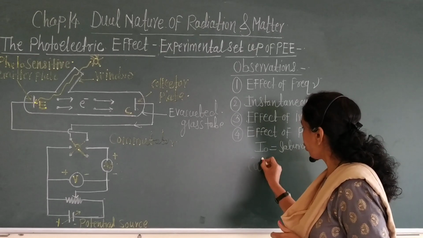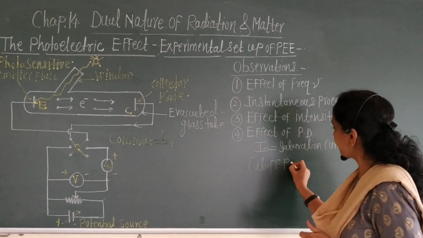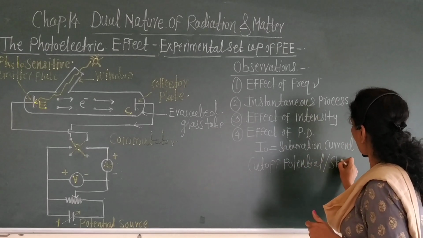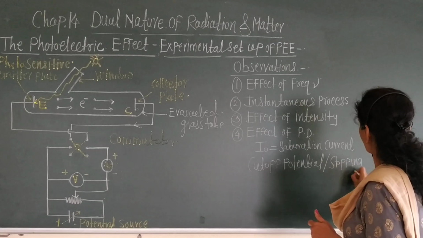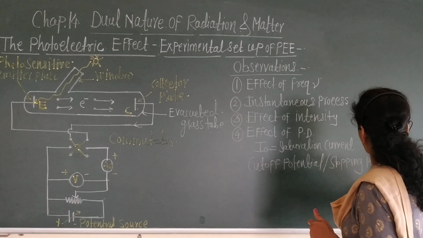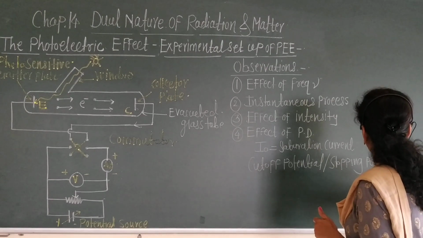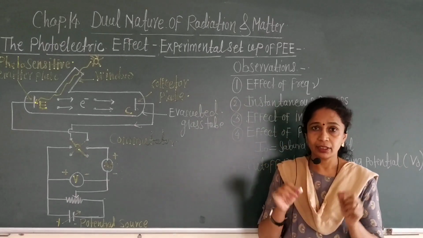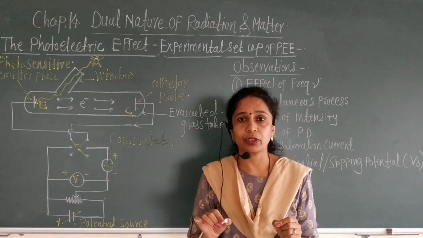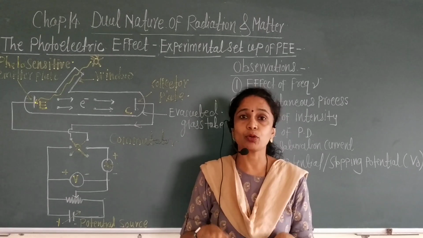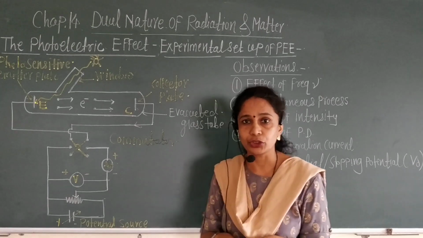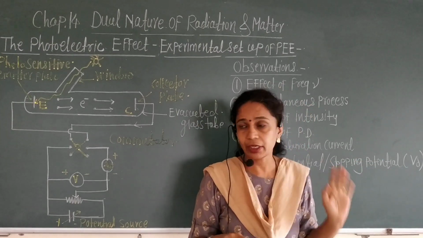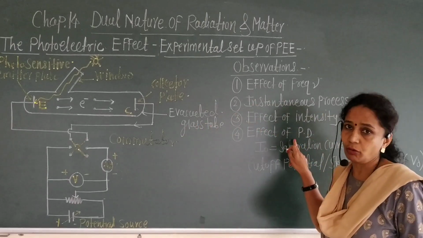Cutoff potential or stopping potential is denoted by the letter V naught. What is the stopping potential? It is the negative potential at which the photoelectric current becomes zero. Okay, this is about the effect of PD.